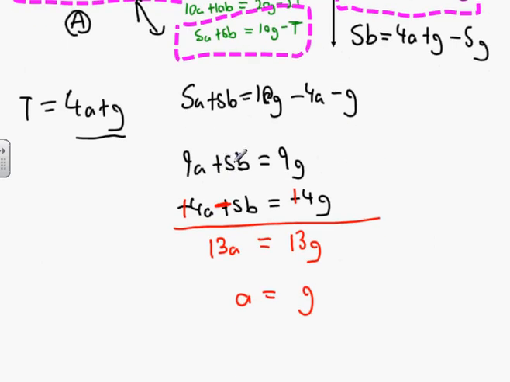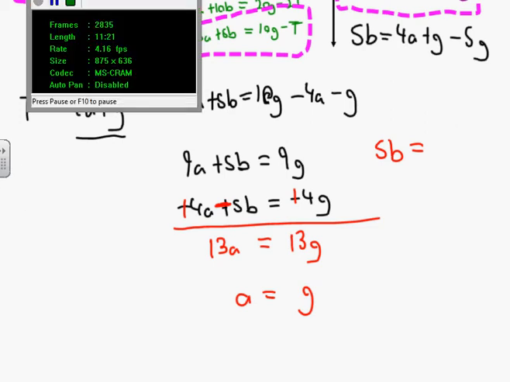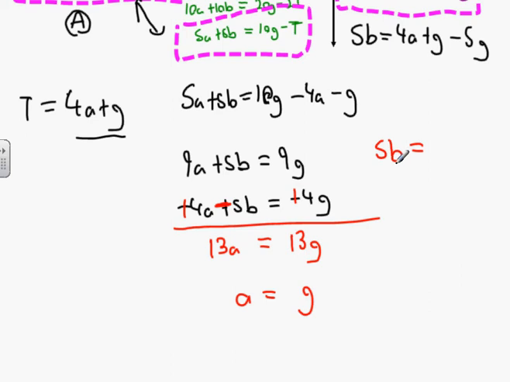So we have 5B equals, it's not moving, is it? Alright, so B, guys: 5B equals 9G minus 9A. 5B equals 9G minus 9G.